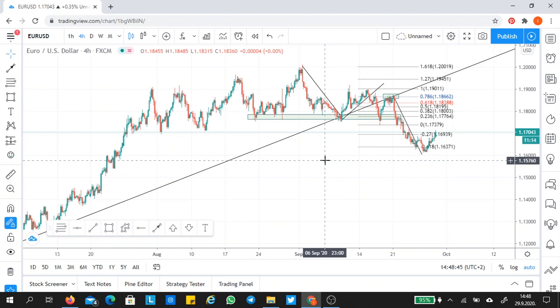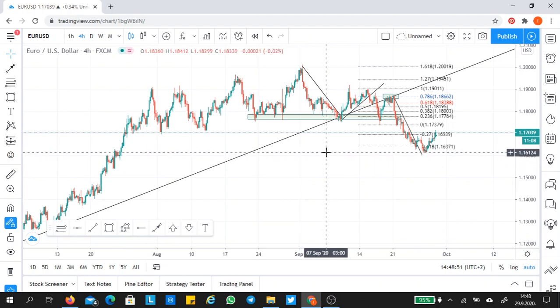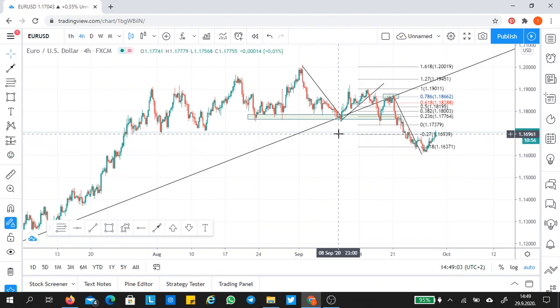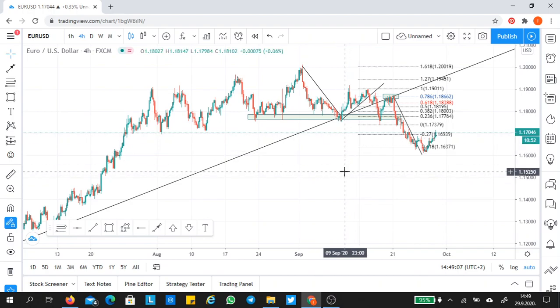Partially exit on certain levels to bank some pips, but always leave some position open, because you never know how the market can react and how it can pull a larger swing and make you more money.